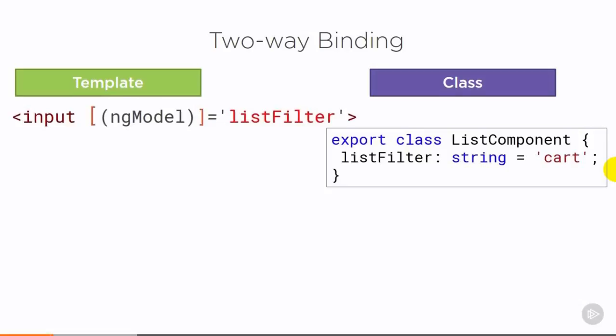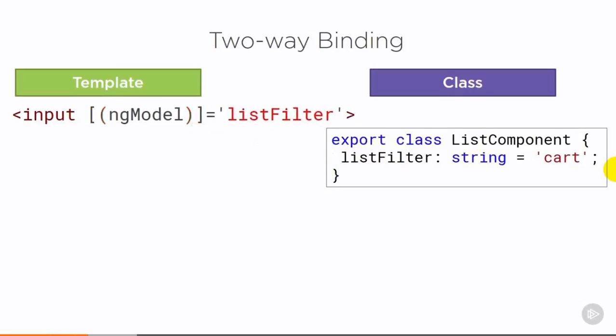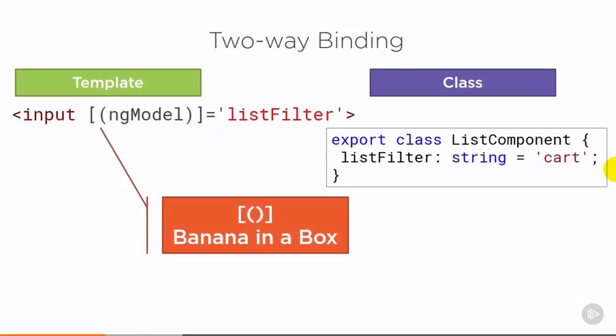We enclose ngModel in square brackets to indicate property binding from the class property to the input element, and parentheses to indicate event binding to send a notification of the user-entered data back to the class property. We assign this directive to a template expression. To help us remember which order to put the two sets of brackets, visualize a banana in a box.